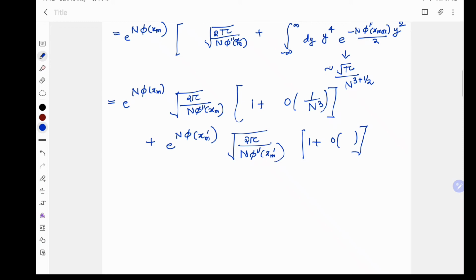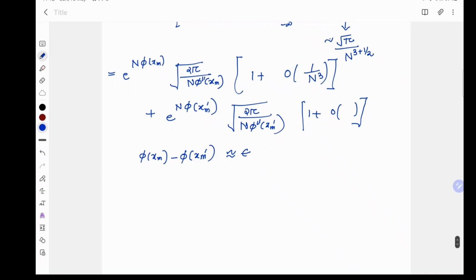Let's say x minus this, phi x_m prime, is, let's say, different by the order of epsilon.